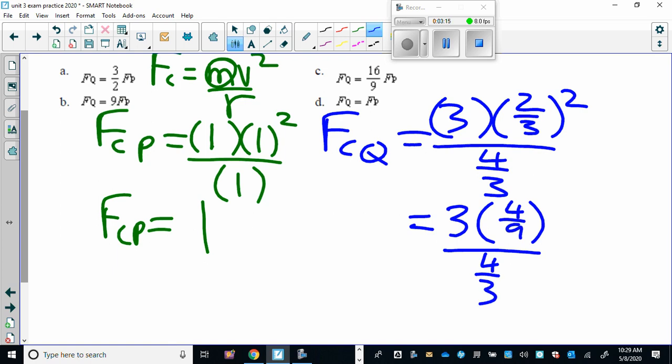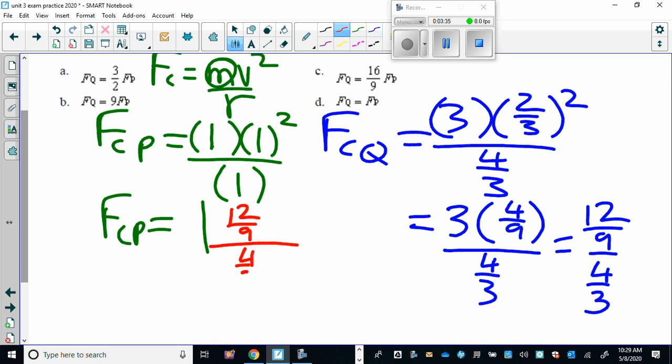So first of all, square the 2/3. Then you can multiply the top out. So at this point, we've got 12/9 divided by 4/3. 12/9 divided by 4/3 is the same as 12/9 times 3/4.